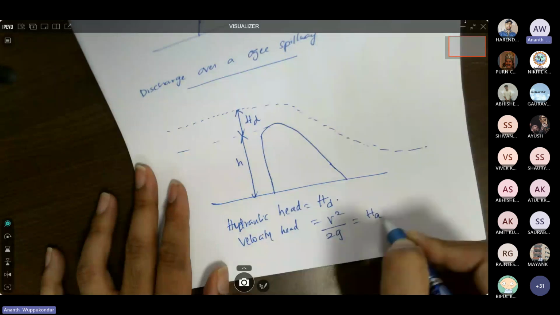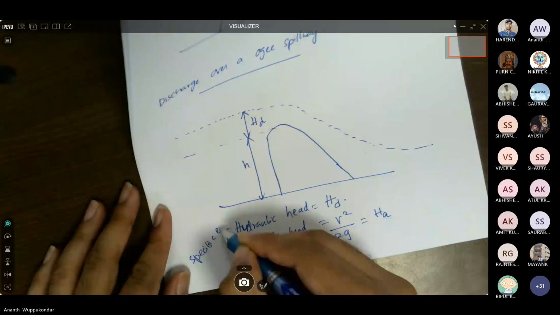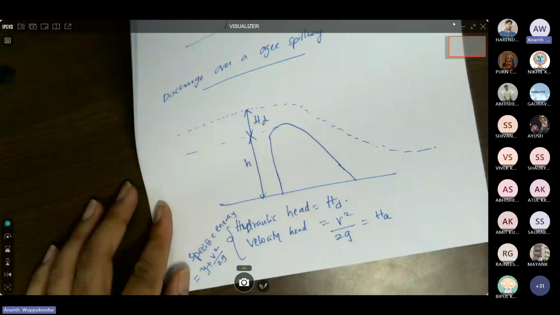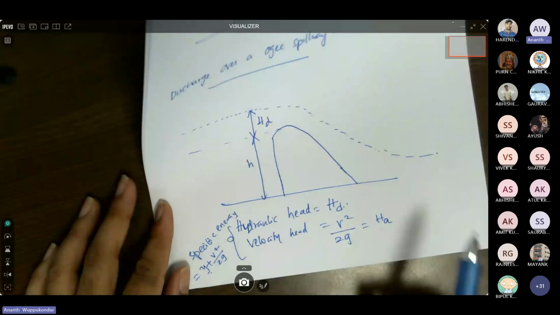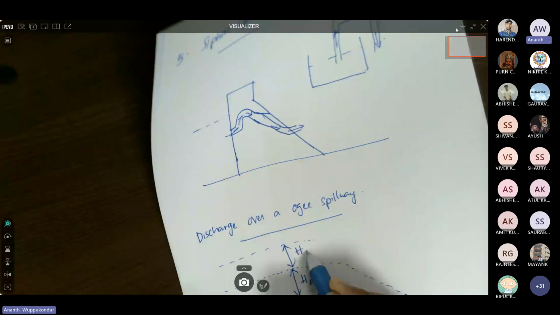So you might remember this from specific energy. Specific energy is given by the sum of hydraulic head plus velocity head, so y plus v square over 2g. You might remember this. So y is hd, and then v square over 2g is ha. So now if I want to plot ha, that would be on top of hd, and this is the total energy line.